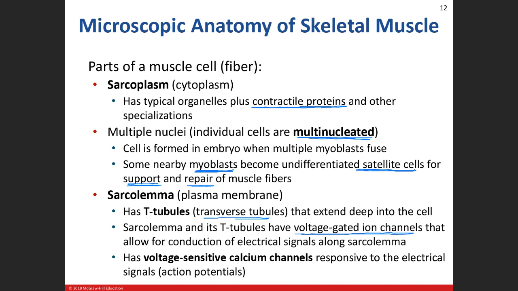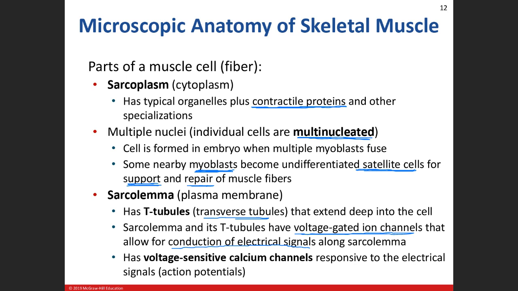They're also here in our skeletal muscle cell, and their job is the same job that you saw in the neuron: to conduct the electrical signal along the plasma membrane, or the sarcolemma, much like we saw the action potential getting conducted along the axolemma of the axon. So the same type of concept.